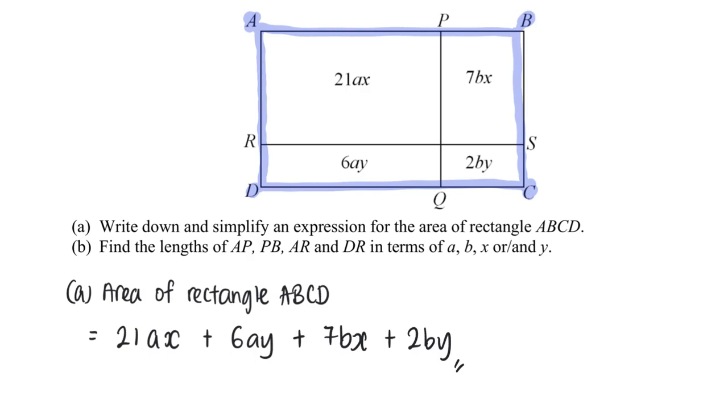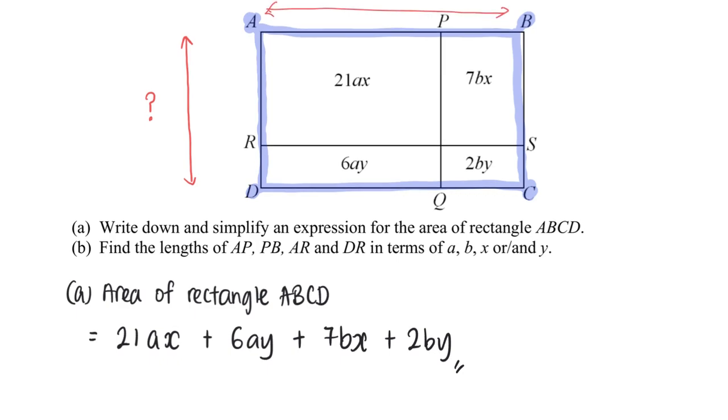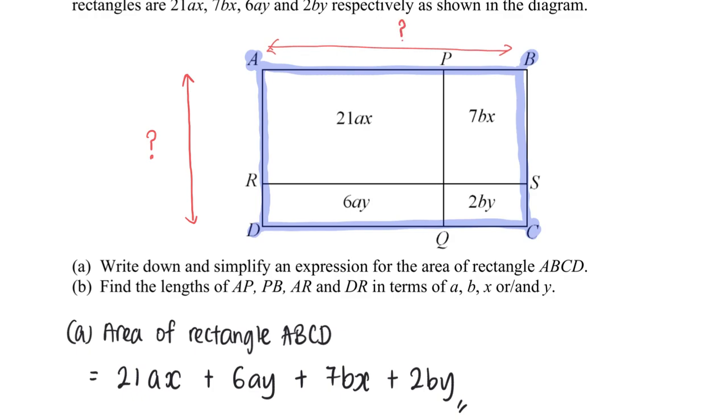Part B, find the length of AP, PB, AR, DR in terms of AB, X, and Y. Well, the key idea now is, if I somehow know what is my length AD and what is my length for AB, then that might give us some clue.